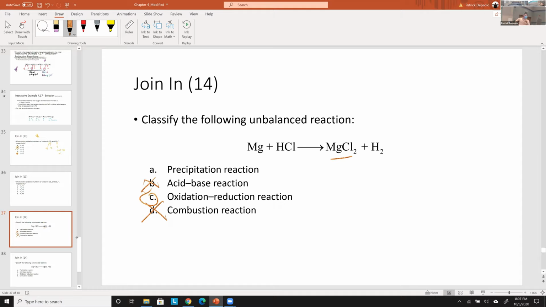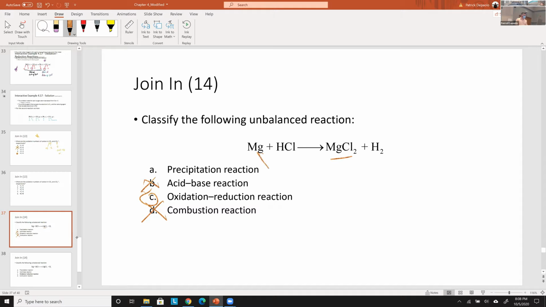Magnesium chloride is pretty soluble. So that is a little bit beyond this chapter. To be specific, it's oxidation reduction, but it's also considered a single replacement reaction because you replace the hydrogen from the HCl with magnesium. Good thought. So we're doing redox, so it's redox.